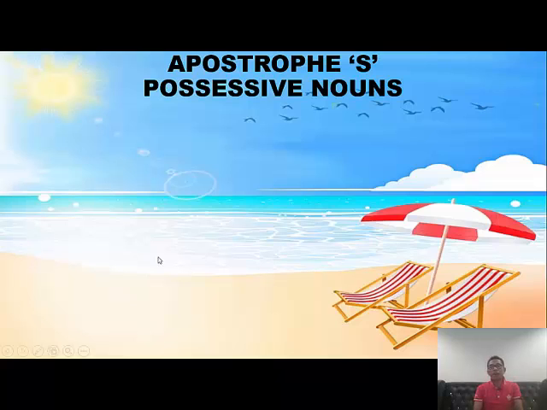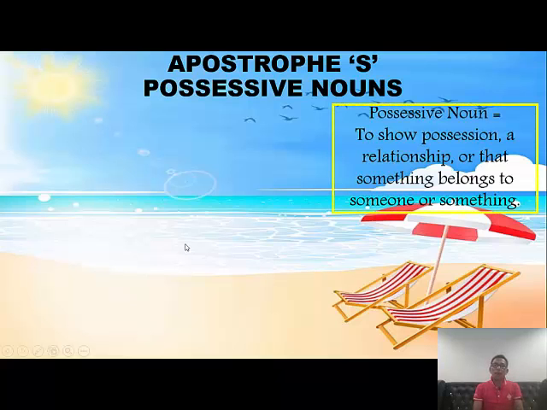Now, possessive noun shows possession, a relationship, or that something belongs to someone or something. It's just like the possessive adjectives just now. Instead of using her, his, from subject pronoun, because some words we try to make short, we use apostrophe s as possessive nouns.